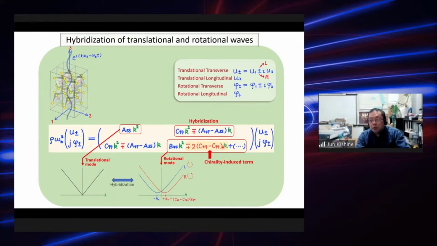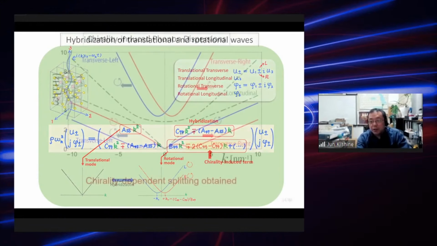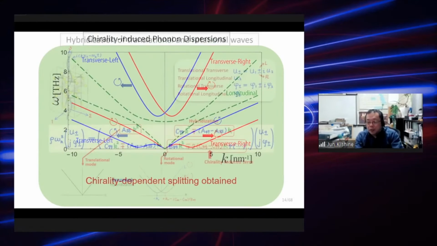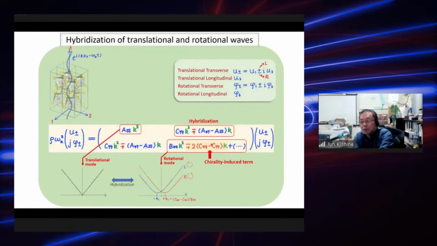This coupling term consists of a k-linear term. So the k-linear coupling means just like the Dzyaloshinskii-Moriya interaction. This part is coming from the pseudoscalar term that I mentioned before. And also there appears the off-diagonal part here. This off-diagonal component means hybridization between translational and rotational mode appears here.